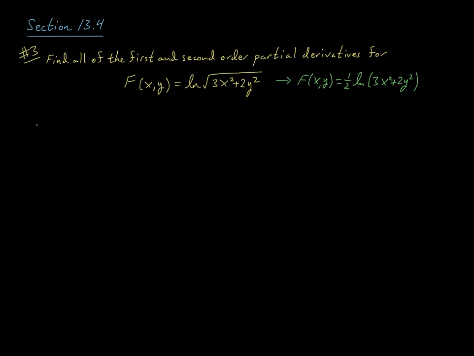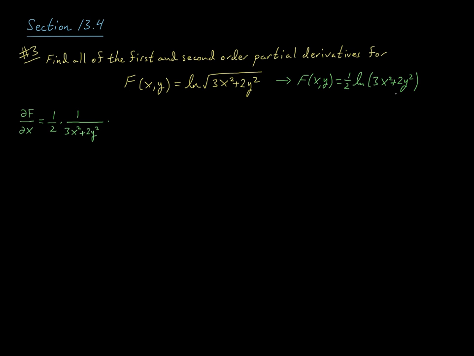So let's go ahead and compute the first order derivative. So we can go ahead and do, say, partial f partial x. And so for this, well, I'm differentiating a log function, so that's going to be 1/2 times 1 over what's inside the log. So that's 3x squared plus 2y squared. And then I have to apply the chain rule.